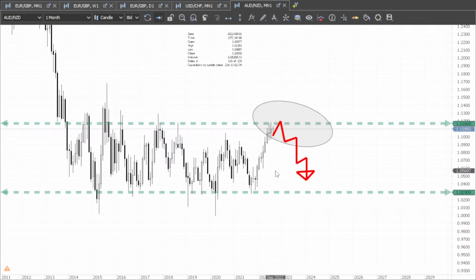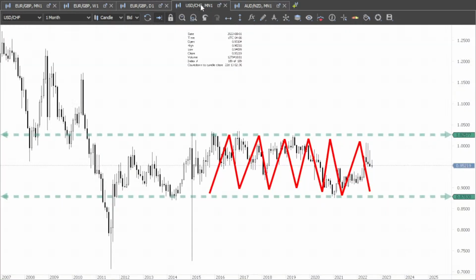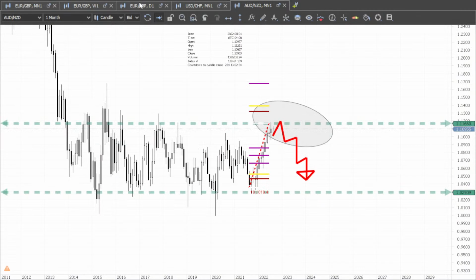This sucker called AUDNZD. This is not advice, everybody, okay? But it's in consolidation, and this is what we're talking about right now. You have an up Fibonacci, okay? Don't use Fibonacci on Euro GBP, USD CHF, AUDNZD.